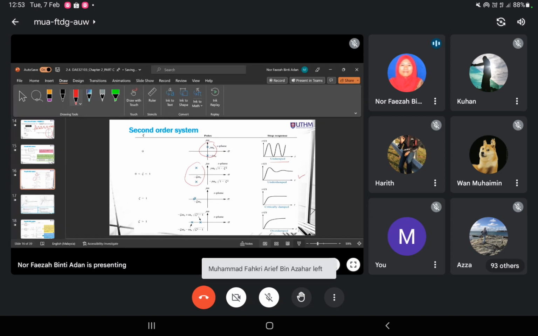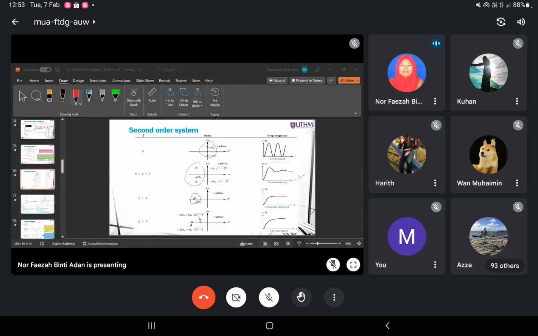And then if you have repeated roots, value dia sama, you akan dapat critically damped. Ini lukisan dia ni sebenarnya dia nak plot dekat position yang sama. Contohnya negatif 1, negatif 1. Ada 2 negatif 1 poles. Jadi dapat critically damped.